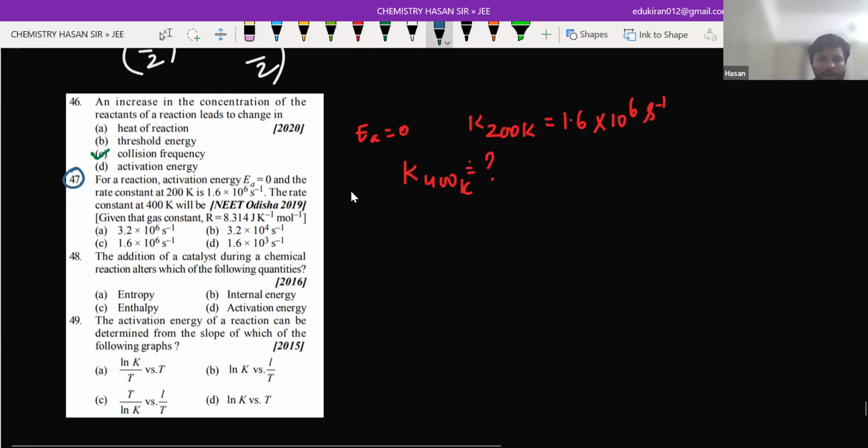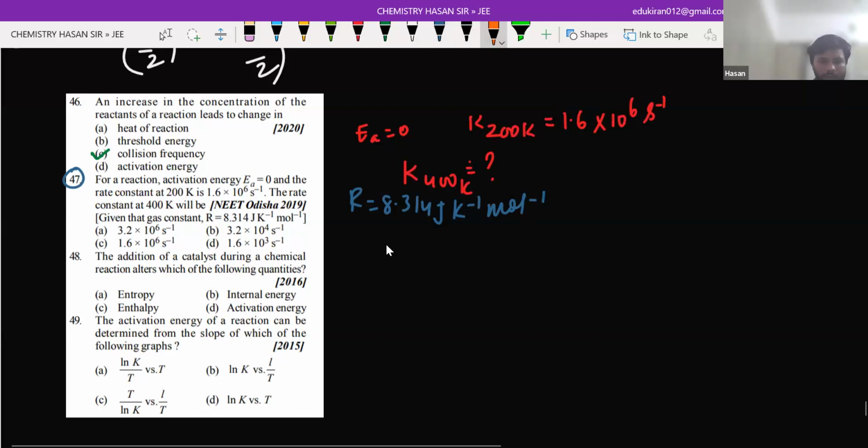For a reaction, activation energy EA is equal to 0. And the rate constant at 200 Kelvin, that means K 200 Kelvin is equal to 1.6 into 10 raised to the power 6 per second. We need to calculate the rate constant at 400 Kelvin, given that R is 8.314 joule per Kelvin per mole.